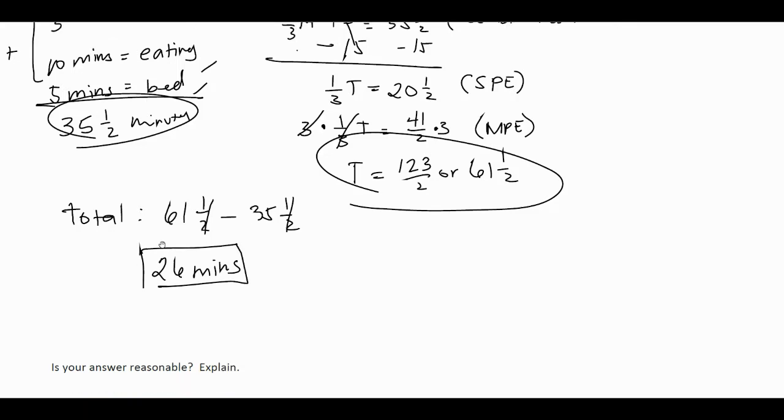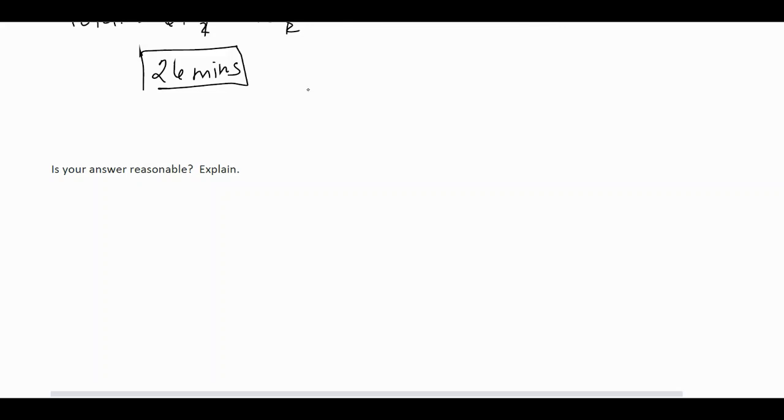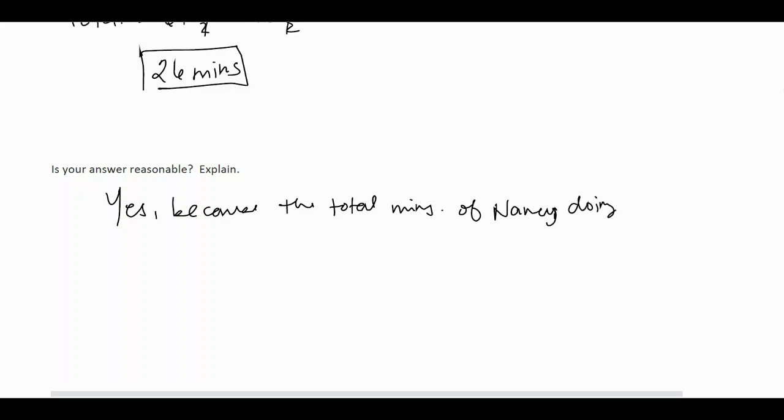All right. Is your answer reasonable? I would probably say yes. Why? Because the total minutes of Nancy doing her errands and driving is a total of 61.5 minutes.